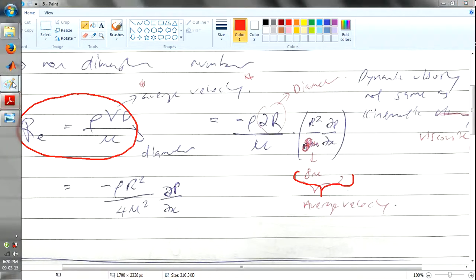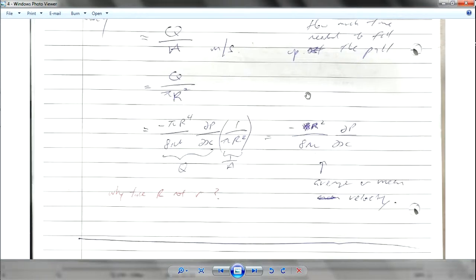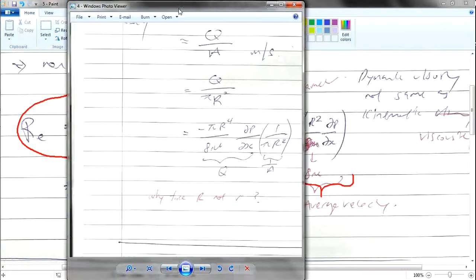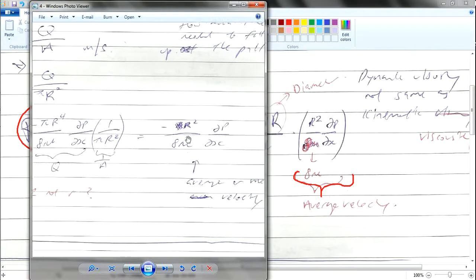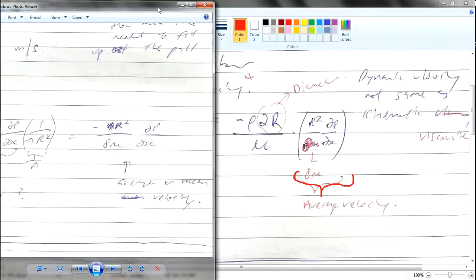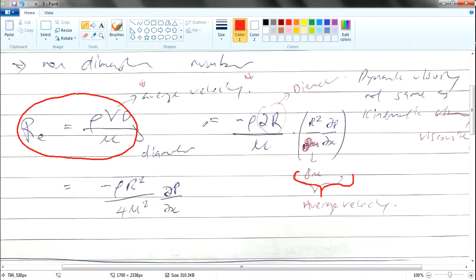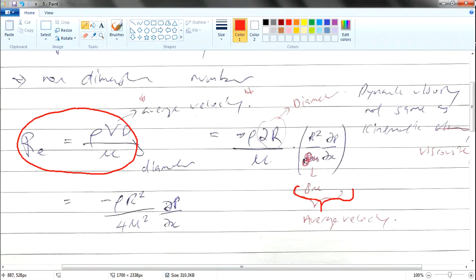Then you know your average velocity. In the last video we talked about the average velocity. If you still remember, we derived this portion over here, R squared over 8 nu, partial p partial x, with a negative up front. So this negative belongs to the average velocity.